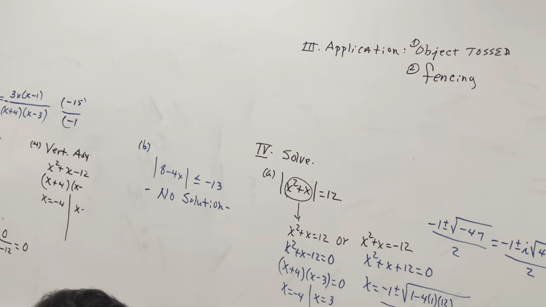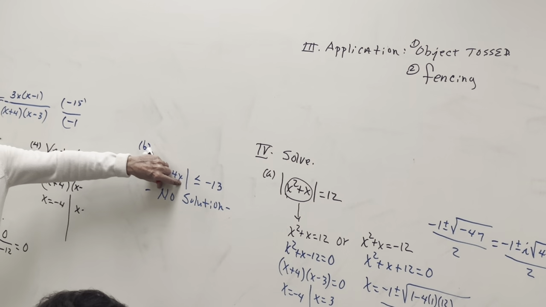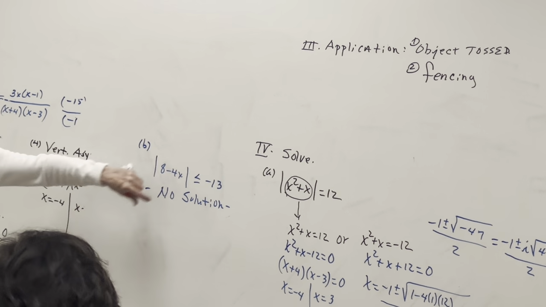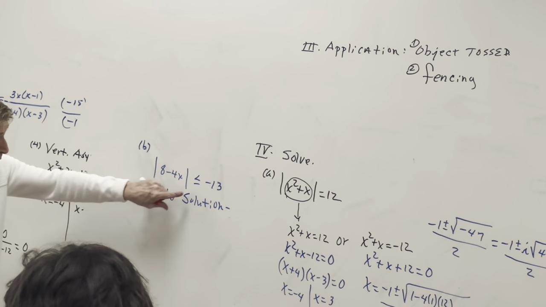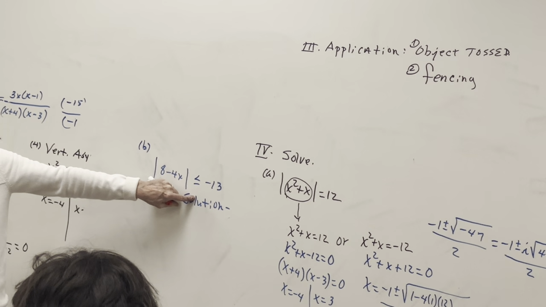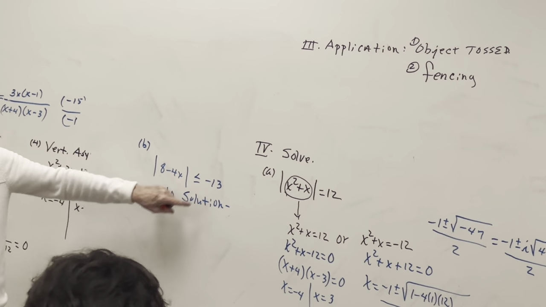The absolute value will always give you a zero or a positive. Is there any positive number less than negative 13? Well, of course not. Any positive number equal to negative 13? Of course not. No solution.